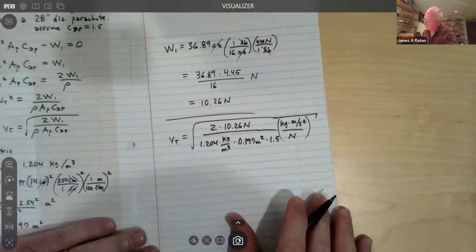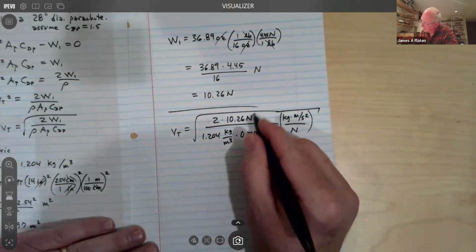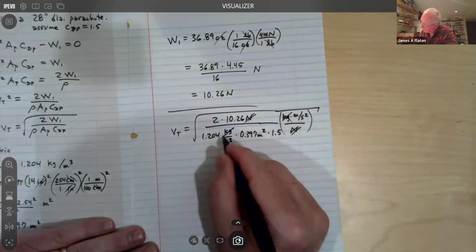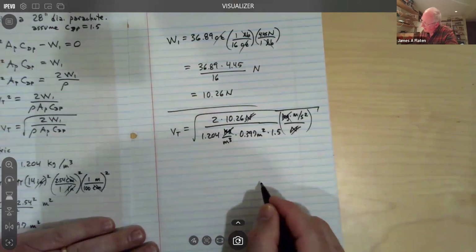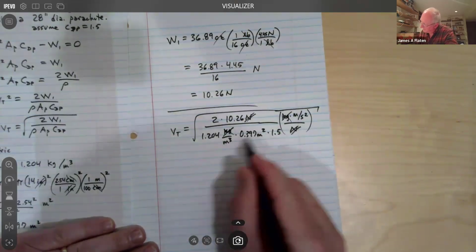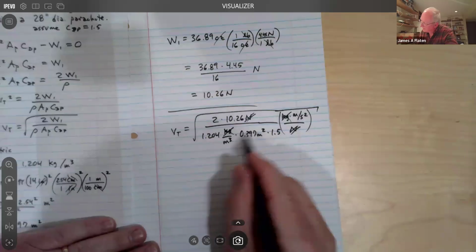So let me look at my units very carefully here. The newtons will cancel. The kilograms will cancel. I have meters squared divided by meters cubed in the denominator.